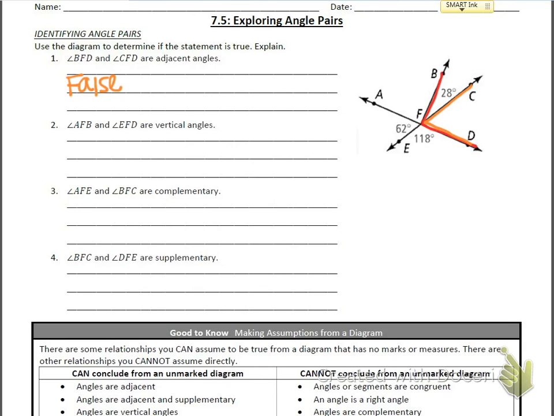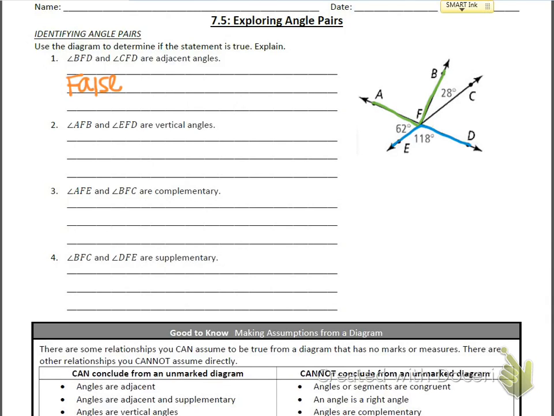Okay, so let me erase that, and we'll do the next one. Angle AFB, so that's this one, AFB, and EFD are vertical angles. True or false? Oh my gosh. Talk about it with your neighbor.